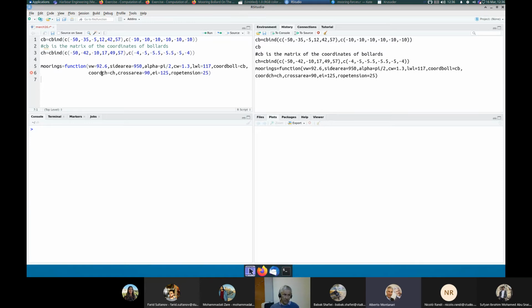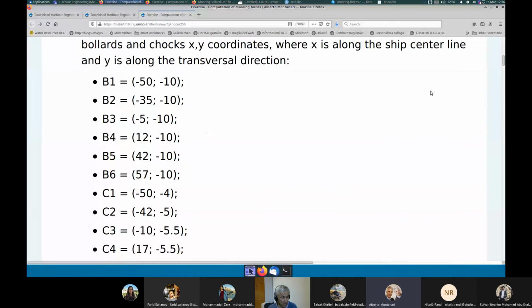Good. Now, here I have to write my function, but before writing, let's look at the arguments that are placed here. And this is VW, I don't remember what it is, and let's see in the exercise what is the variable that takes a value of 92.6.